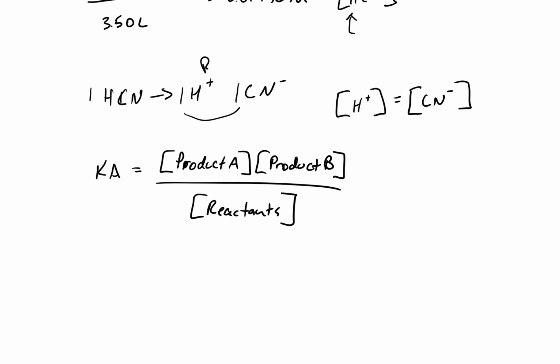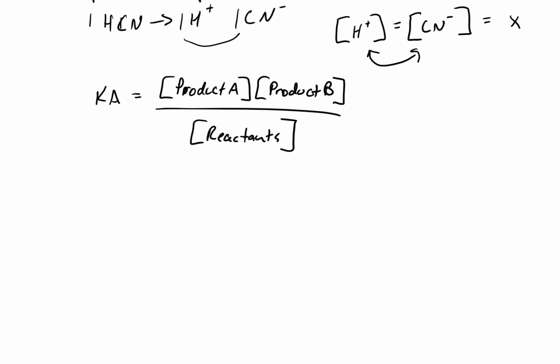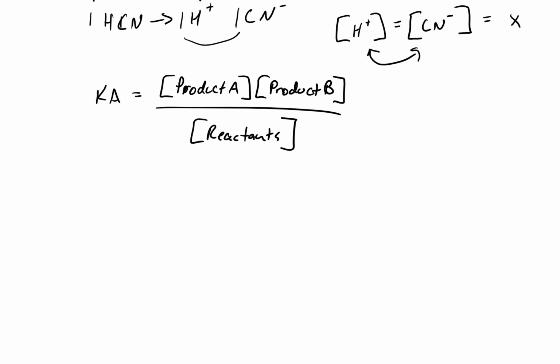These two are going to be our products up here, and this is going to be our reactant. Now, notice that these two concentrations I said are equal to each other. So to simplify this problem, I'm just going to call both of these x. So all we'll have to do is solve for x.